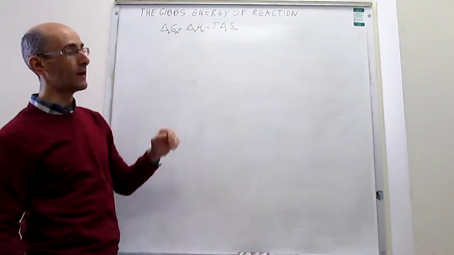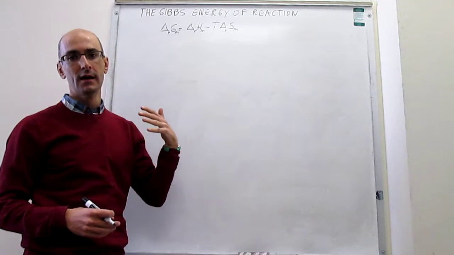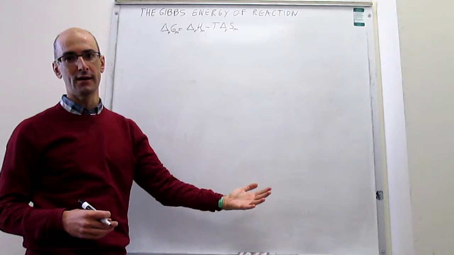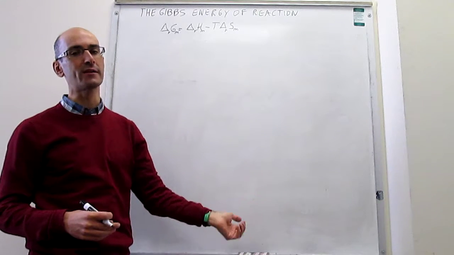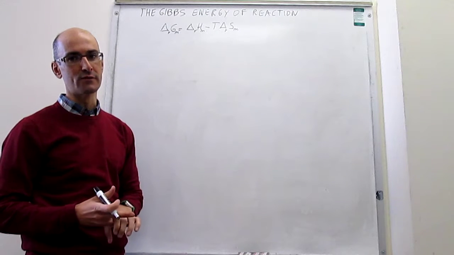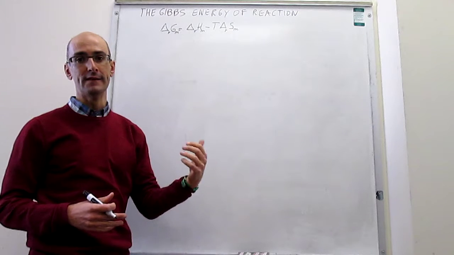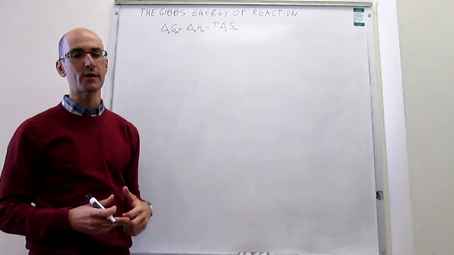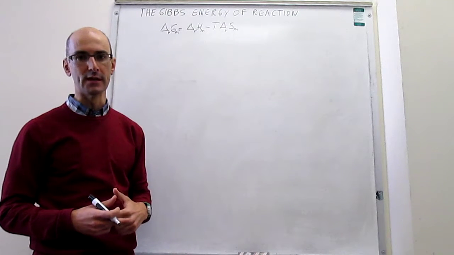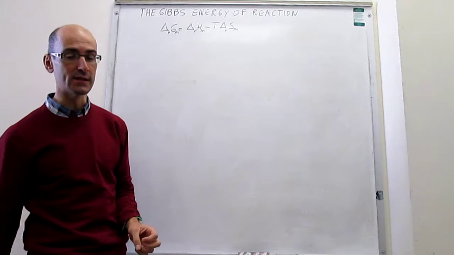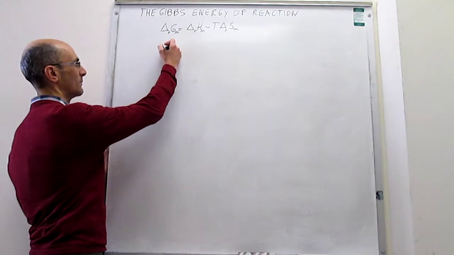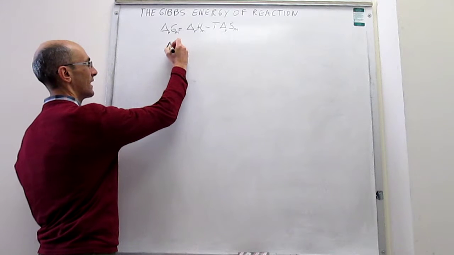The change in enthalpy in a reaction is simply the enthalpies of formation of products minus the enthalpy of formation of reagents. And then the change in entropy will be the standard molar entropies of products minus the standard molar entropies of reagents.